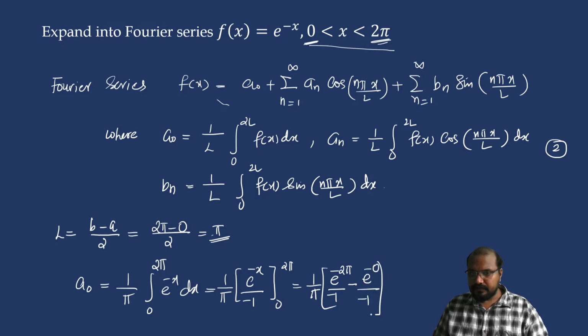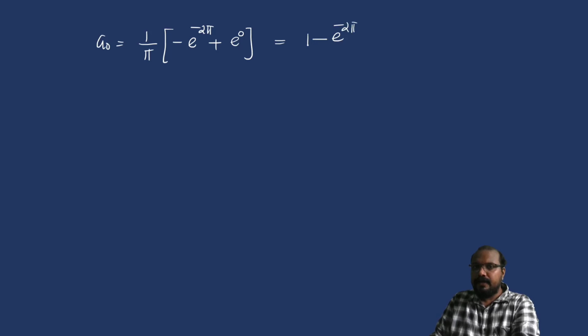Now a naught is equal to 1 by pi [minus e raised to minus 2 pi plus e raised to 0]. e raised to 0 is 1. Therefore, we can write (1 minus e raised to minus 2 pi) by pi. This is our a naught.